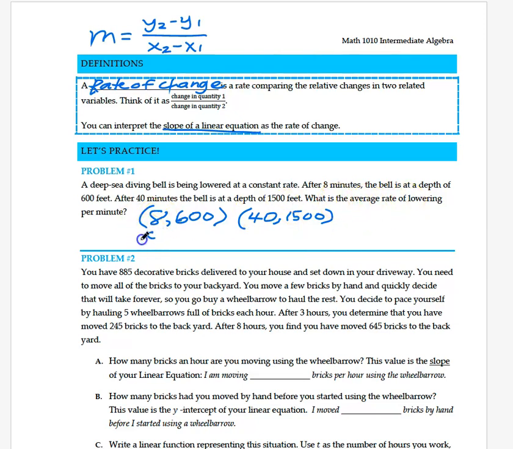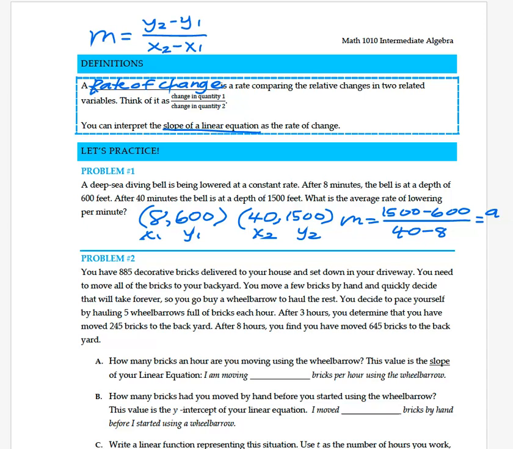So again, here's our x1, y1, and our x2, y2. And so if I put that in to the formula, we'll have 1,500 minus 600 over, so now we're doing our x's on the bottom, so 40 minus 8. So on the top there, we get 900.